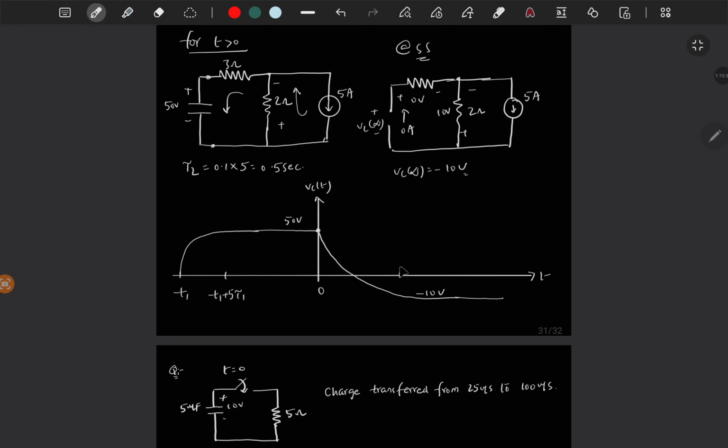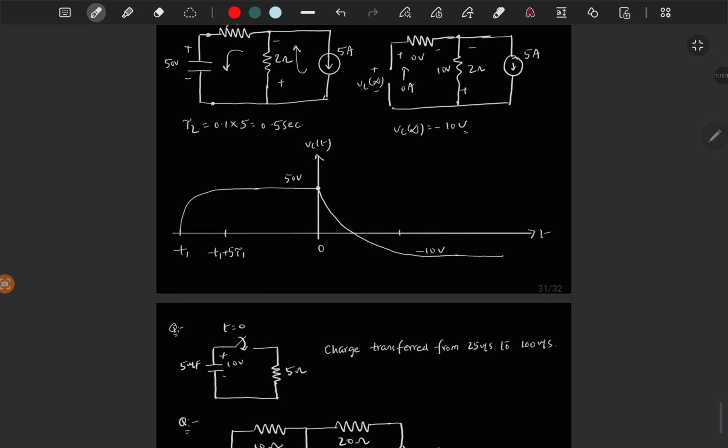So if you want to find how much time it will take to reach steady state, you can find from the equation.